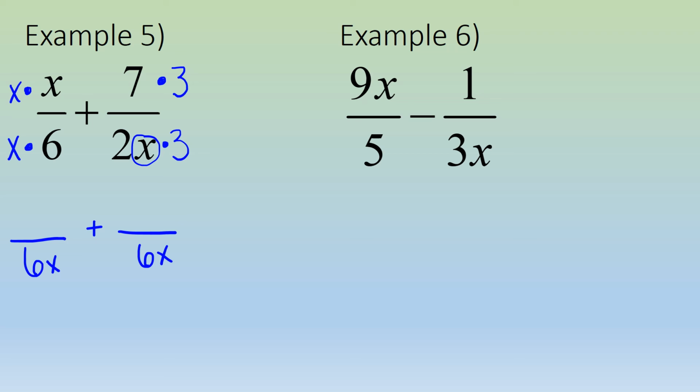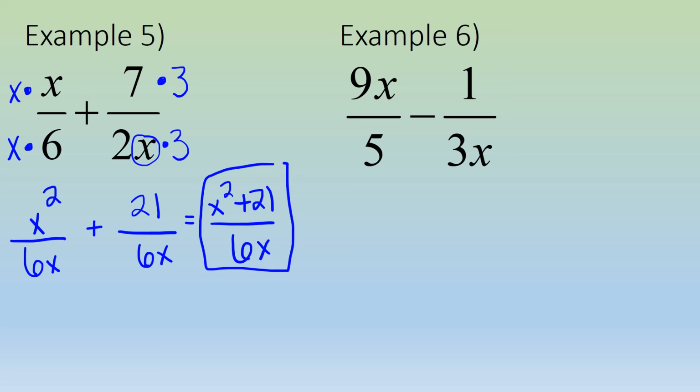So if I work from left to right, x times x is x squared over 6x, plus 7 times 3 is 21 all over 6x. Now we have x squared plus 21 all over 6x. I can't factor x squared plus 21, and that doesn't get any simpler, so that means that I can't go slash happy. So my final answer is x squared plus 21 all over 6x.